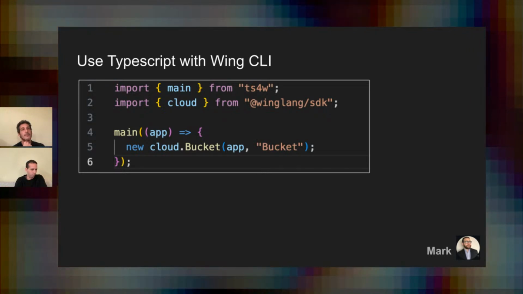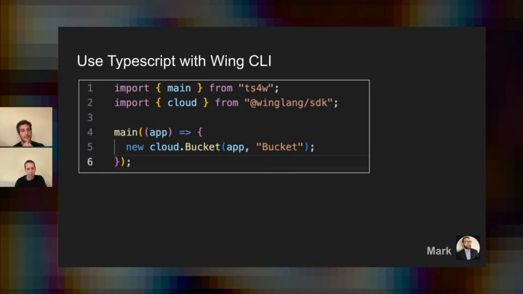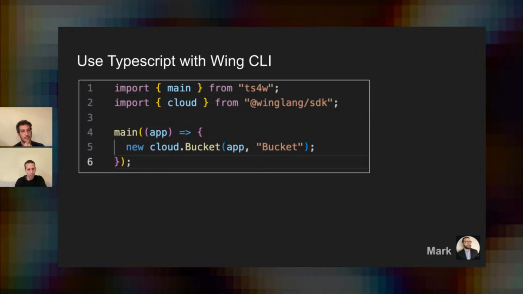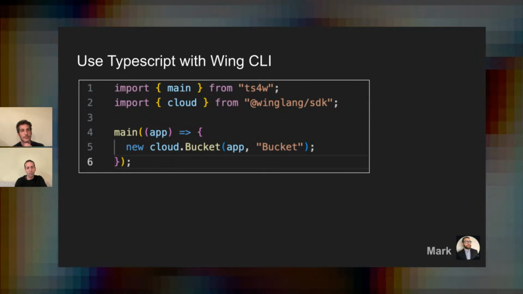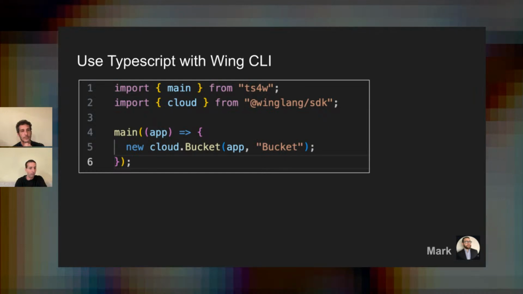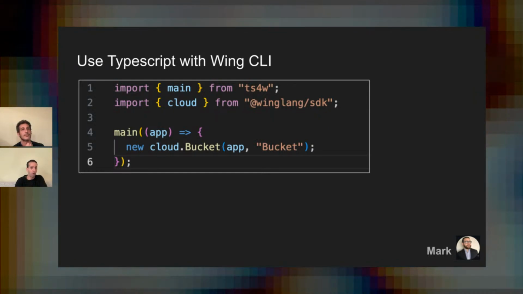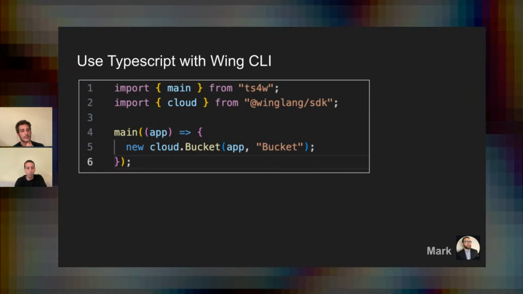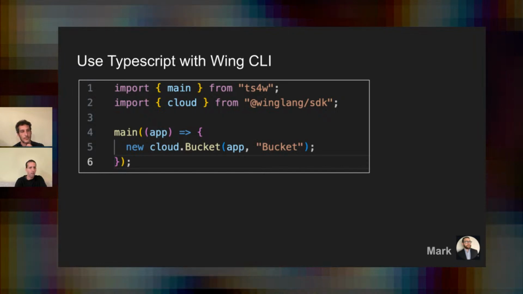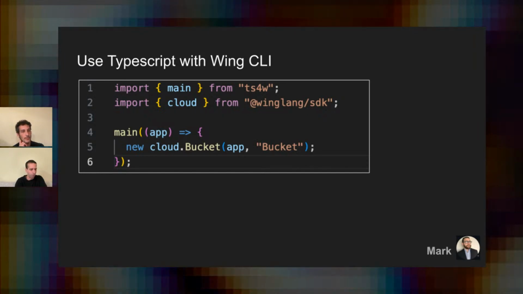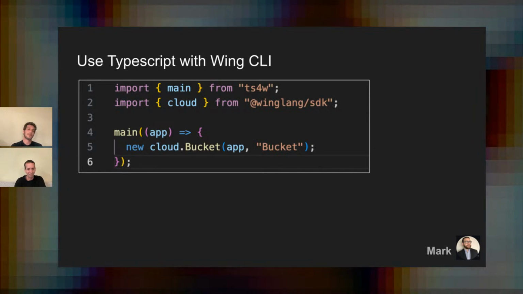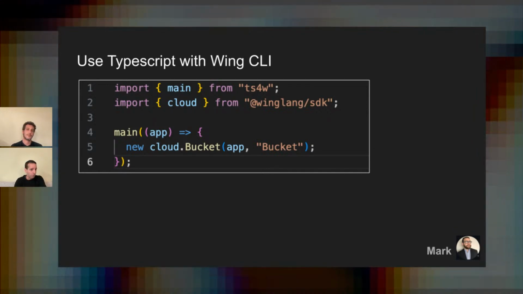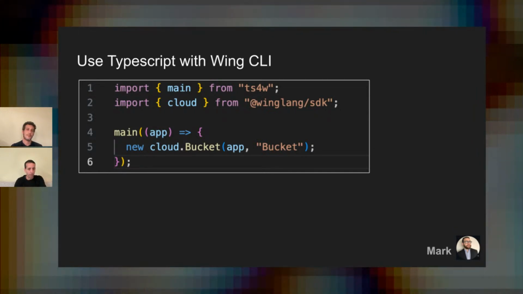Although we are big believers in the concept of a cloud-oriented programming language, we feel that there is also a place in the world for using the Wing standard library with familiar programming languages like TypeScript. We may have others in the future, but we're definitely going to start with TypeScript. It's one of the most common languages in the cloud. So this integration is mainly for that.